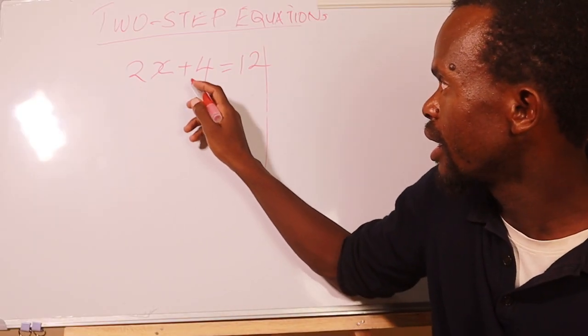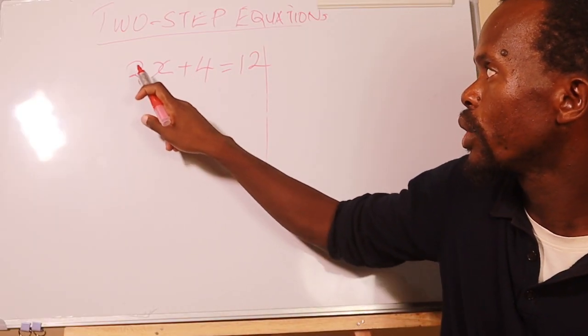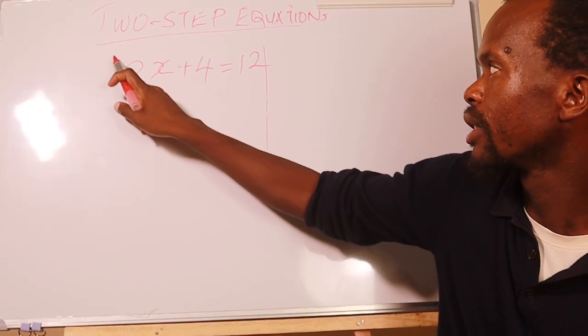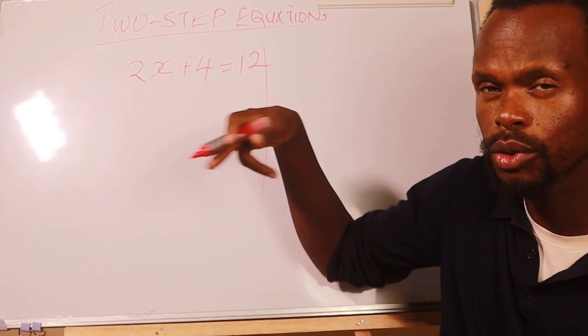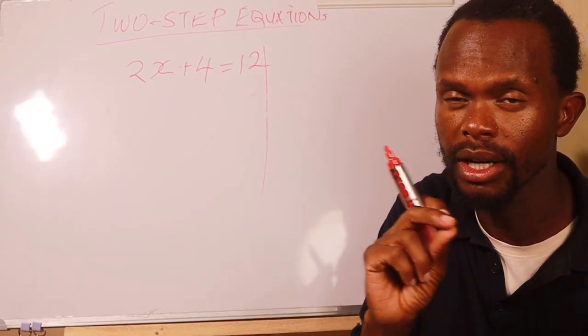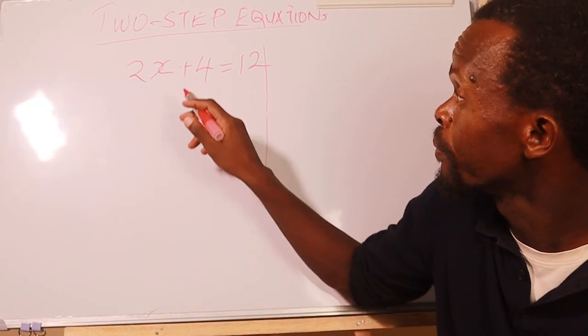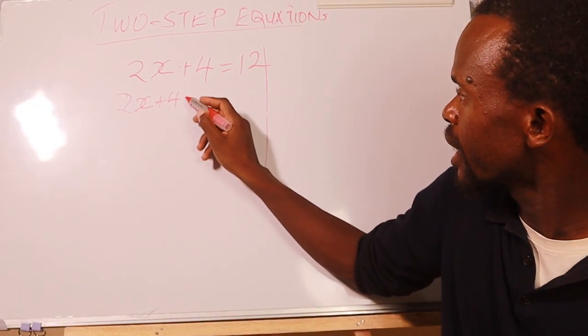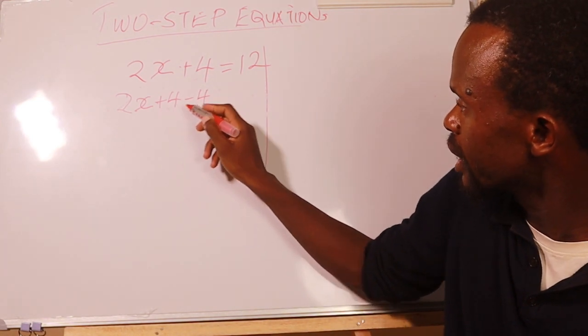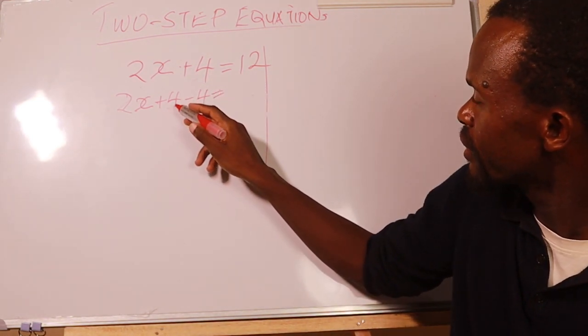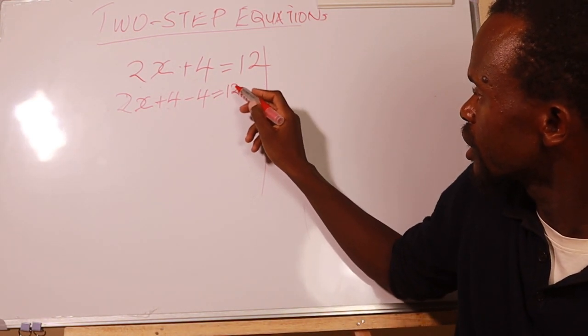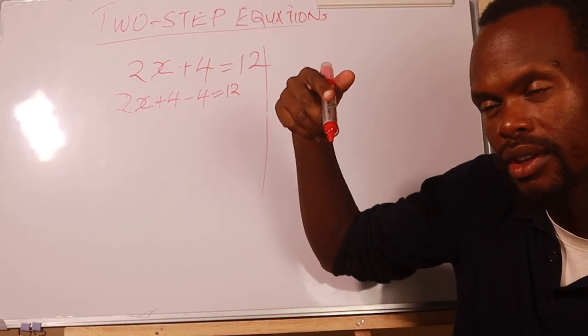In here, since this is plus 4, we're trying to be left with this 2x. Both of them work the same way, just with a different approach. So we are going to subtract this 4 from this side, and in the same way, we're going to subtract it from the other side of the equal sign.